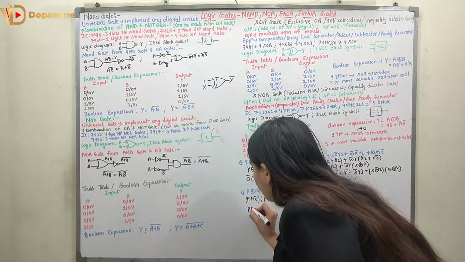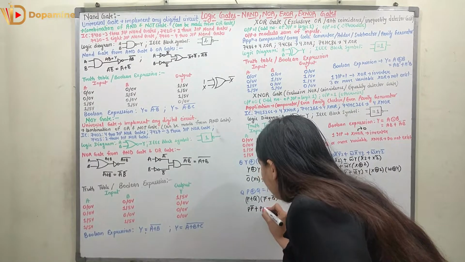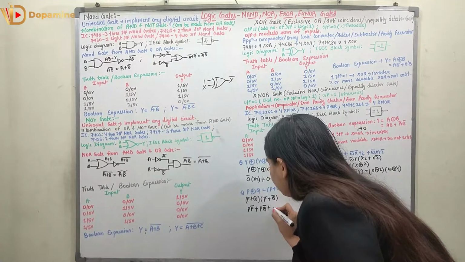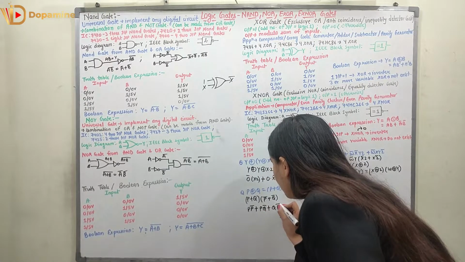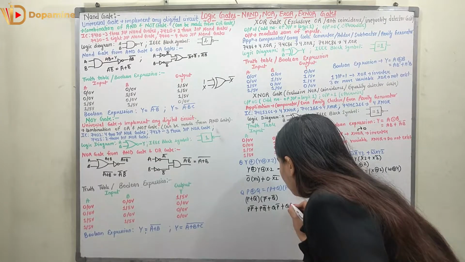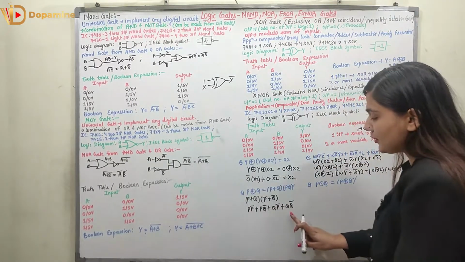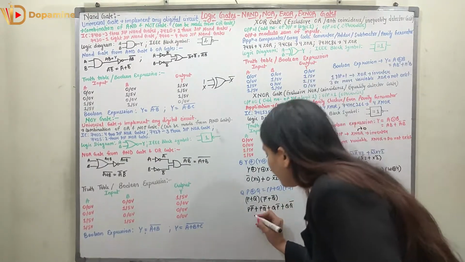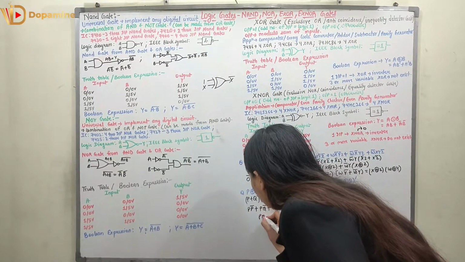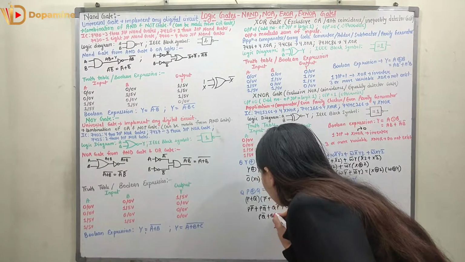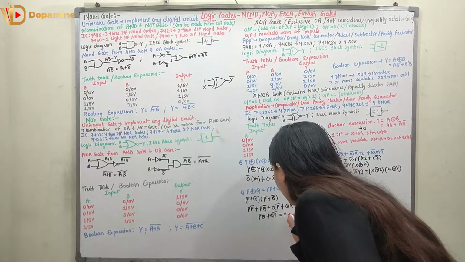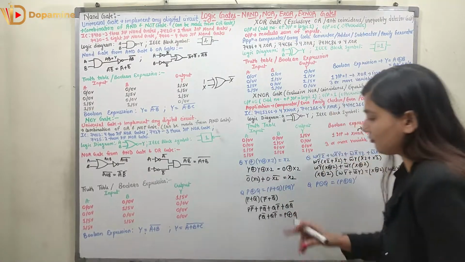So it is P P bar plus P Q bar plus Q P bar plus Q Q bar. P into P bar and Q into Q bar are 0, right? So here we will be having PQ bar plus QP bar, which is P XOR Q, hence proved, right?